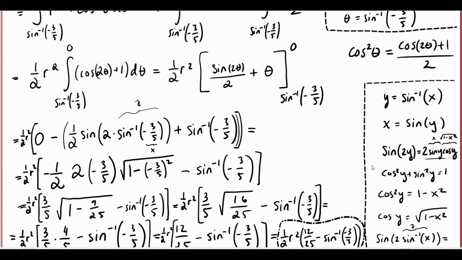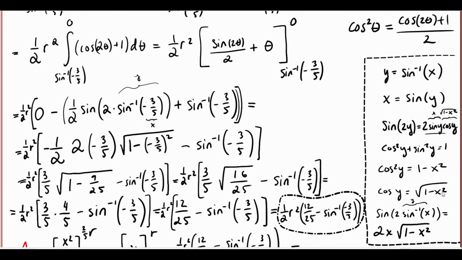And then we use this trigonometry identity: squared cosine y plus squared sine y equals 1. And then we see that the squared cosine of y equals 1 minus x squared. And then we can see that the cosine of y equals the square root of 1 minus x squared.